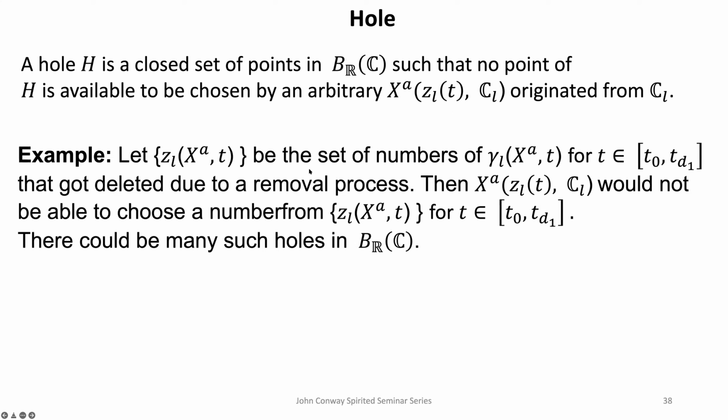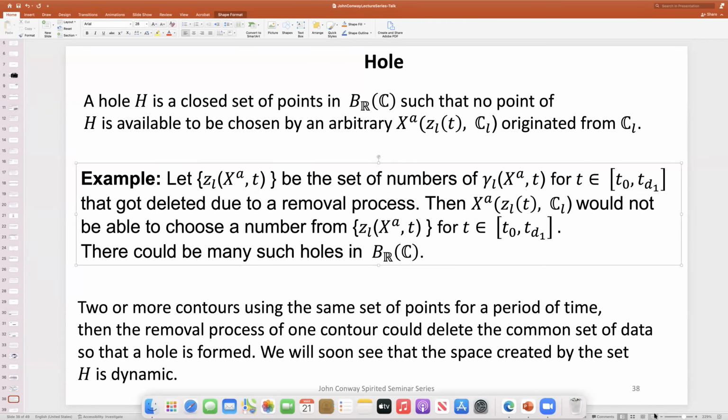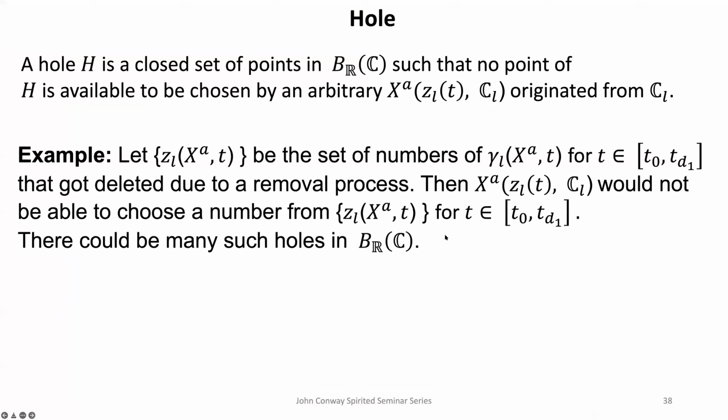For example, if you let Z_L, X_L, X_A_T be the set of numbers of gamma L that got deleted due to the removal process, then X_A would not be able to choose a number from within that interval. So there could be many such holes, as we saw.